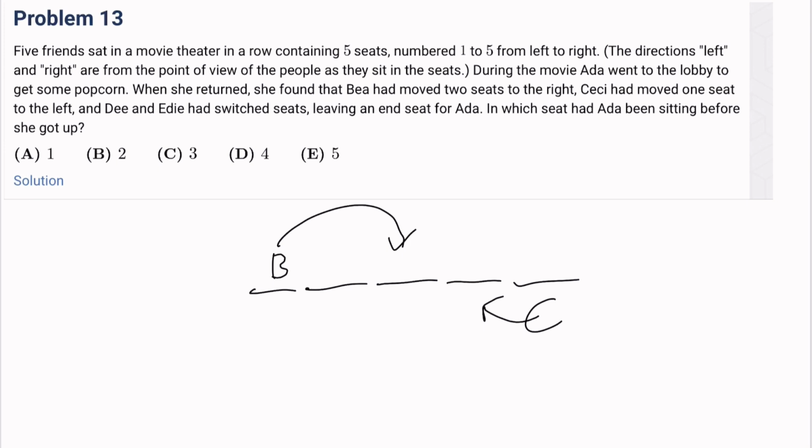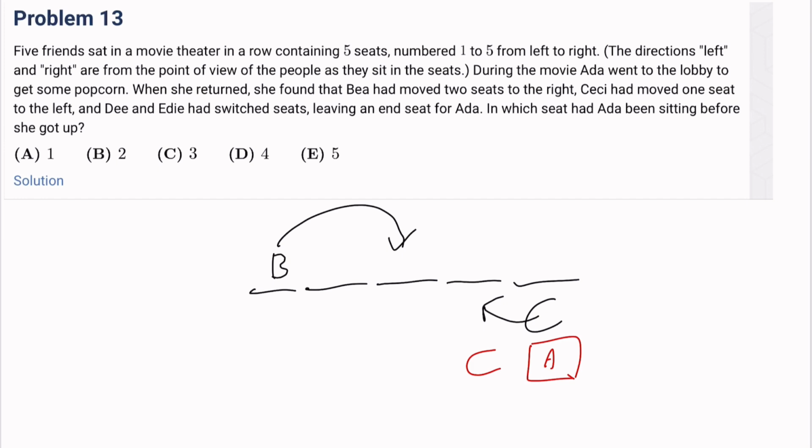And so let's first consider the case that Ceci moved 1 seat to the left. If Ceci moved 1 seat to the left, this would be her new seat, and nobody should be here because this is for Ada.